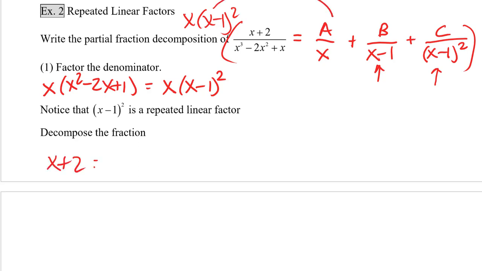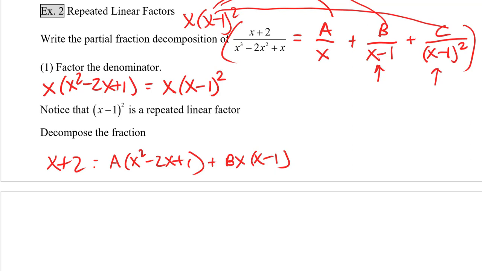When I distribute this over here, the x's cancel, and I have a times x squared minus 2x plus 1. When I distribute it over here, one of my x minus 1 factors cancel, and I am left with bx times x minus 1.